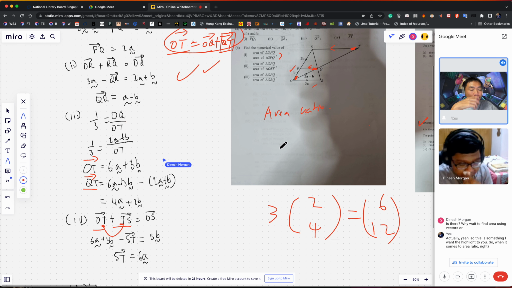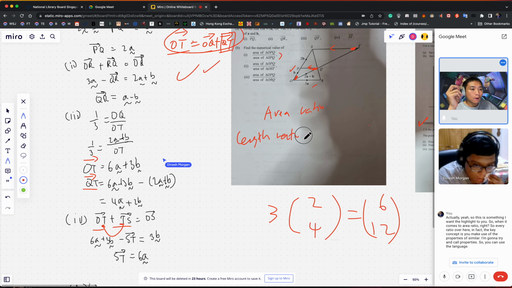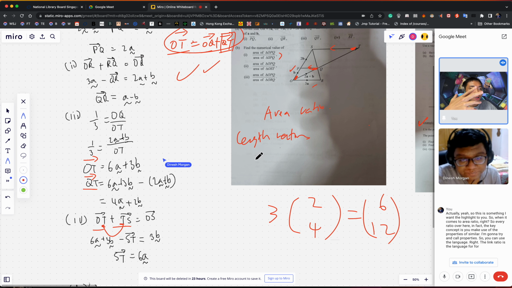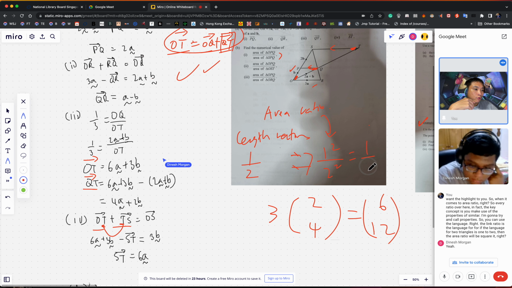Area ratio over here, in fact the key concept is you make use of the properties of similar triangles. So you can use the length ratio. If the length ratio for two triangles is 1 to 2, then the area ratio will be, you square it, so it will be 1 to 4.